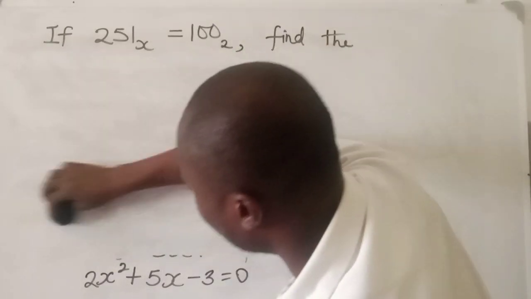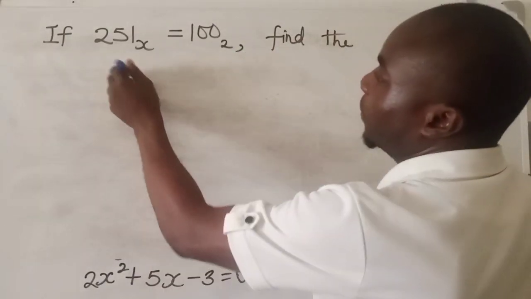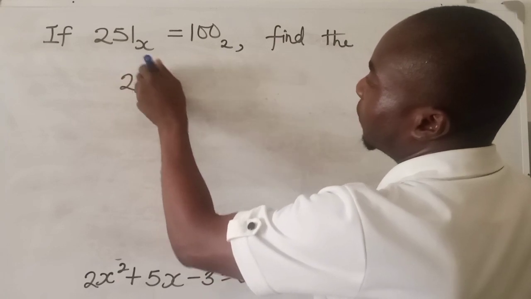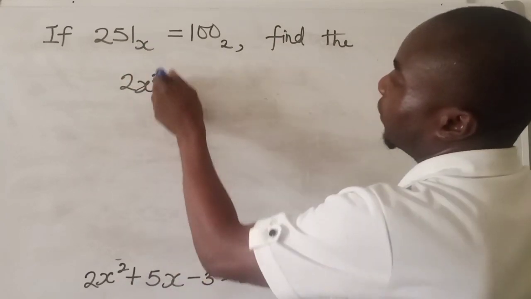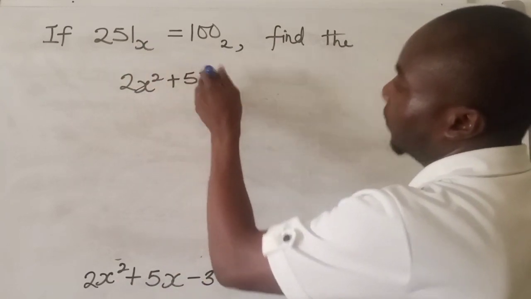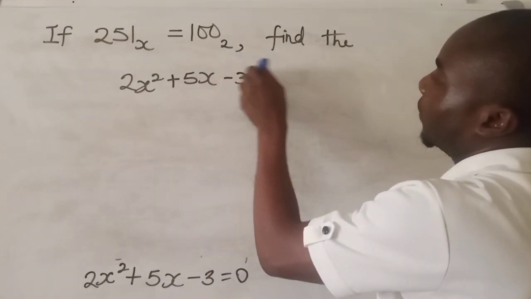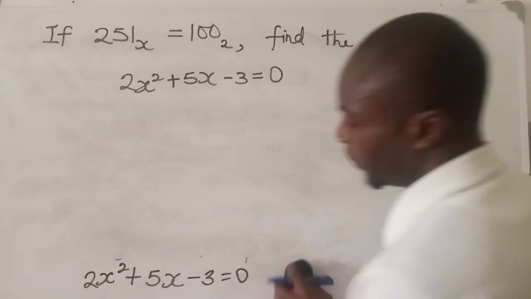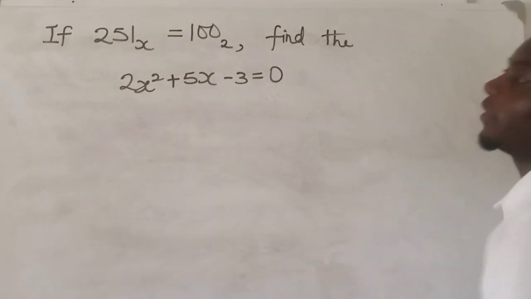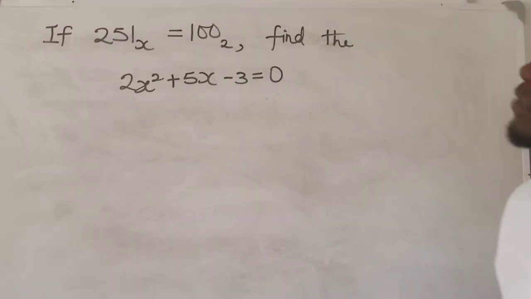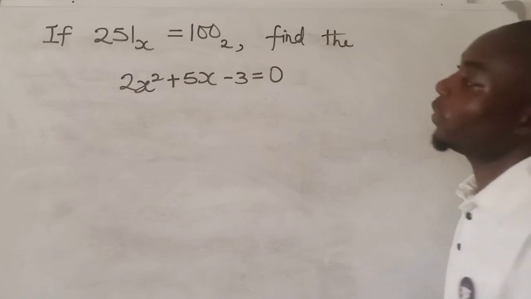So let's take our quadratic equation up. We'll have 2x squared plus 5x minus 3 is equal to 0. Let's factorize this quadratic equation.